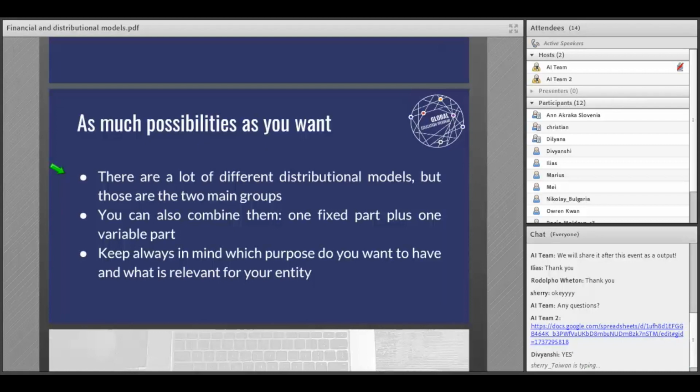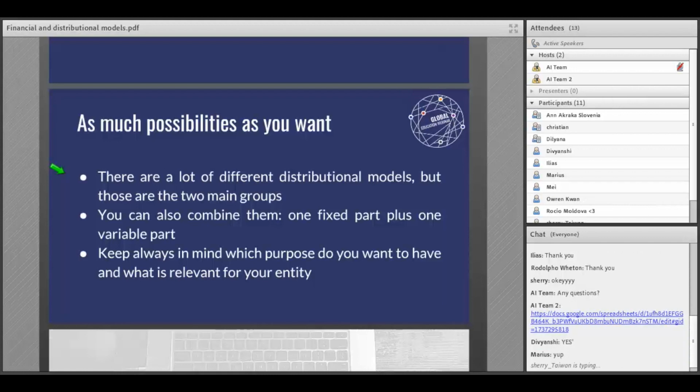So I pasted the spreadsheet link in the chat. Please tell me if you guys are already in the spreadsheet. Alright, okay. I believe everyone is already in the spreadsheet.